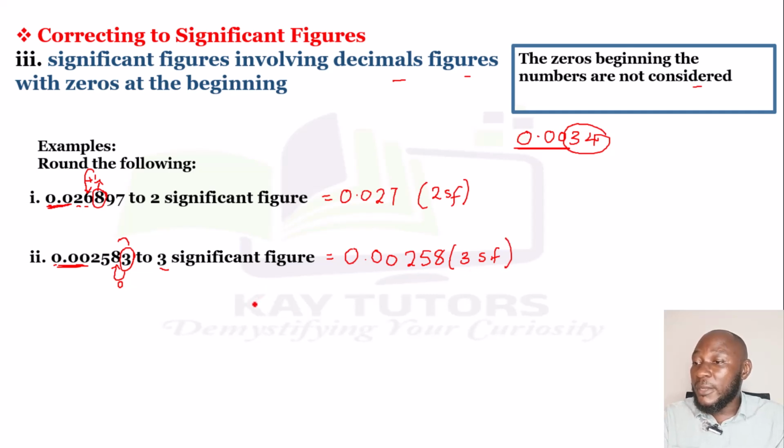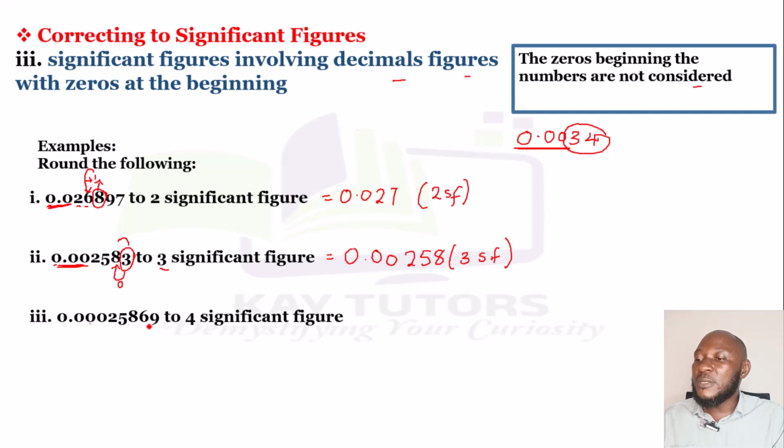And finally, we have 0.002586. We've been asked to round to the nearest 4 significant figures. And since the zeros are not considered, start counting from here. 1, 2, 3, and 4, and you carry out your judgment on the 5th significant figure.